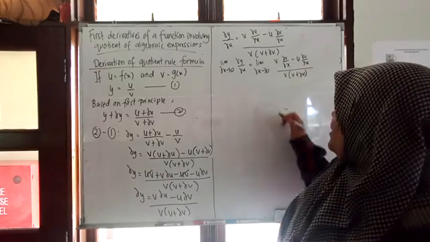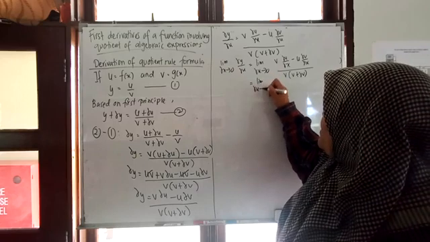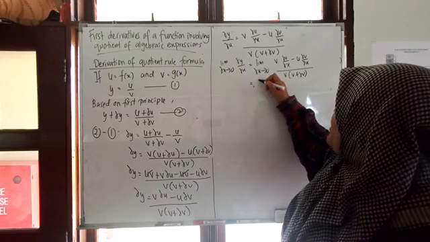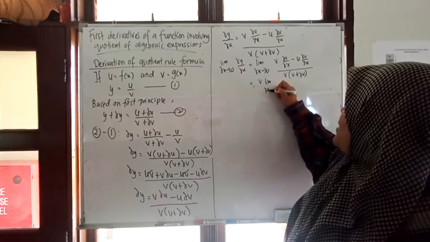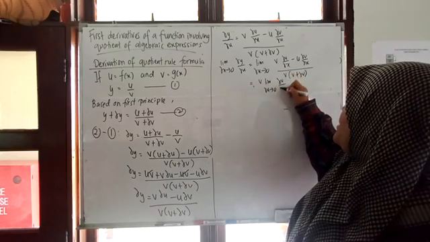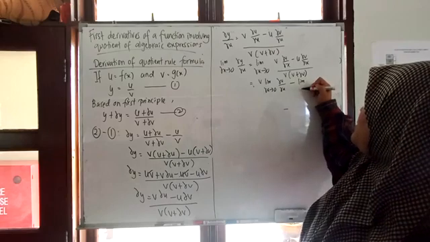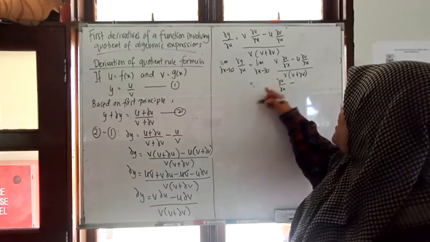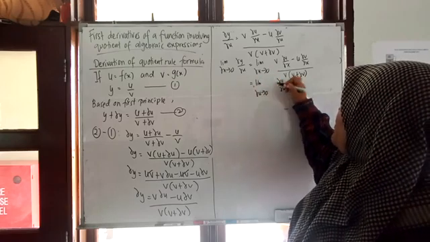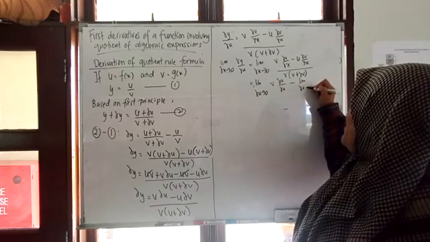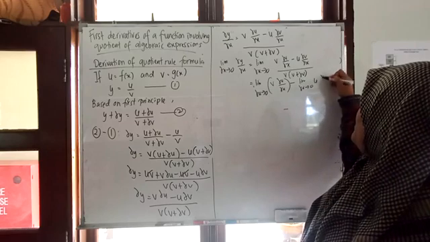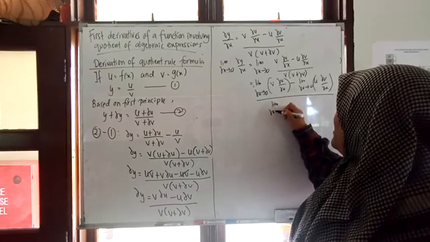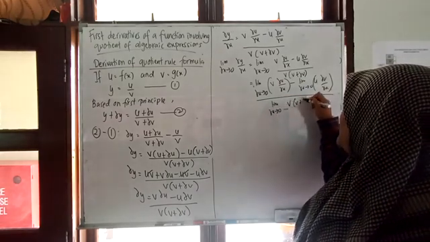So the limit as delta x approaches 0, we have v times the limit as delta x approaches 0 of delta u over delta x, minus the limit as delta x approaches 0 of u times delta v over delta x, over the limit as delta x approaches 0 of v times (v plus delta v).